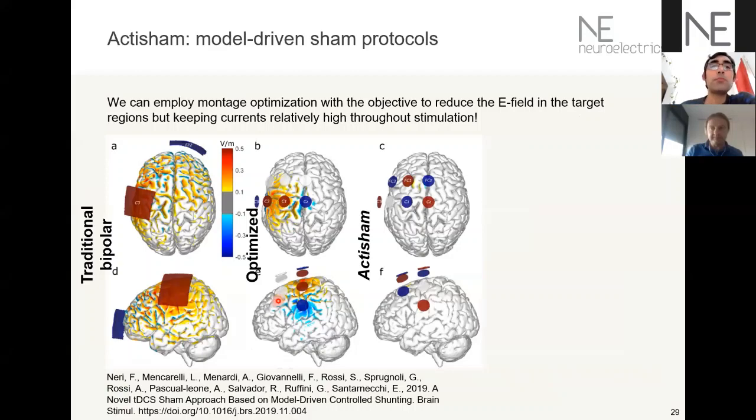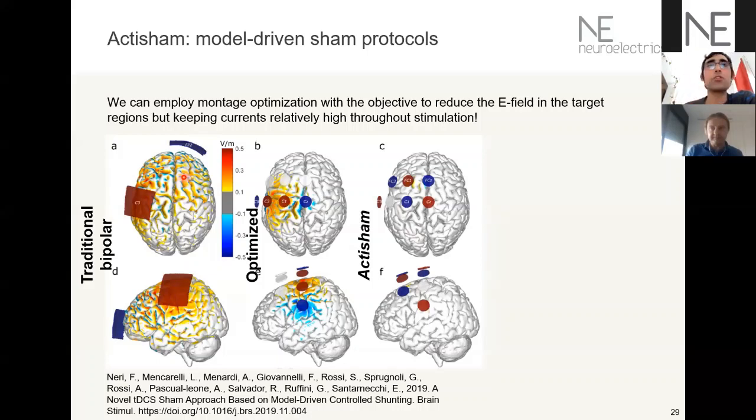Well, in this paper that we published last year, we describe a method that uses montage optimization to do this. This method is something we call Actisham. And how does this work? So in this study in particular, we considered a montage that was aimed at exciting the left motor cortex. You can do this, of course, by placing an anode over C3 and a cathode over FP2.